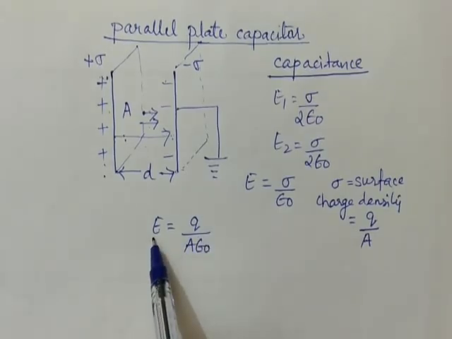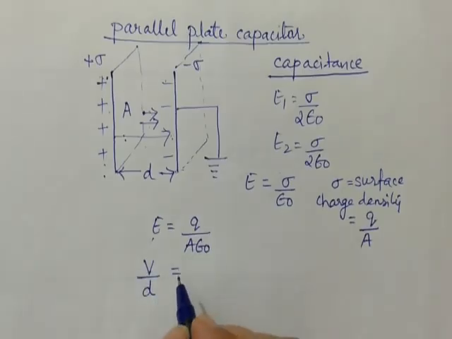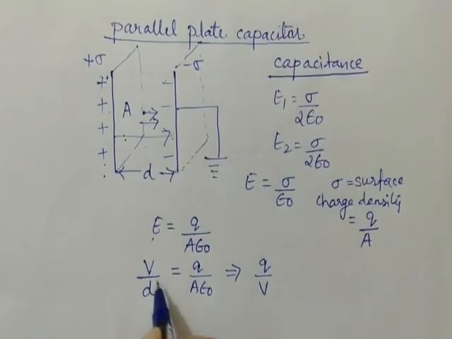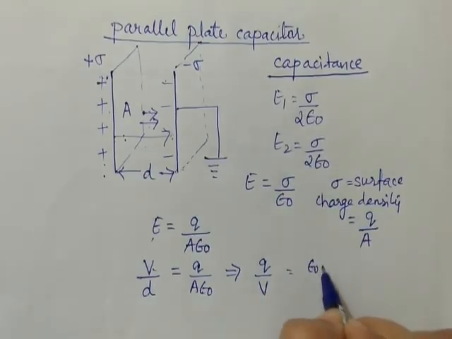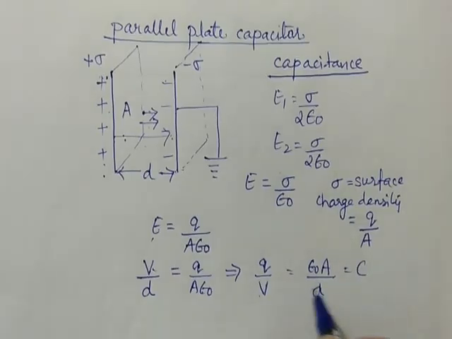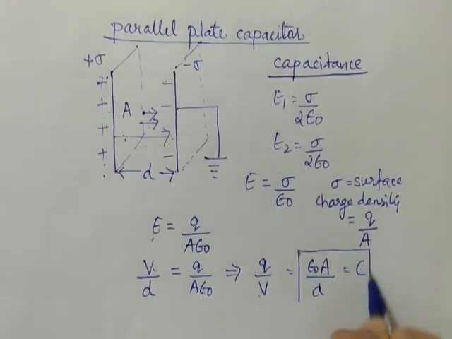This electric field can be written in terms of potential: E is equal to V upon d. This relation comes from the equipotential surface. So this is Q upon A epsilon naught. Q upon V, V comes below, and this will be epsilon naught A upon d. This Q upon V is the capacitance of the capacitor, which is equal to epsilon naught A upon d.